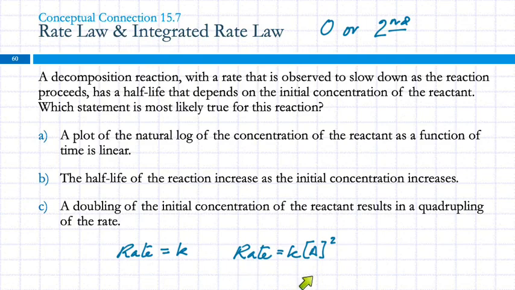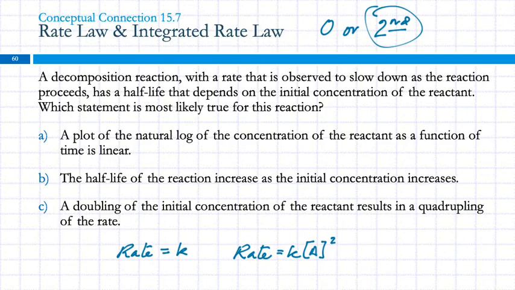You follow that? So those two clues tell me that this must be a second order reaction. Then we have to pick out which one of these describes a second order reaction.